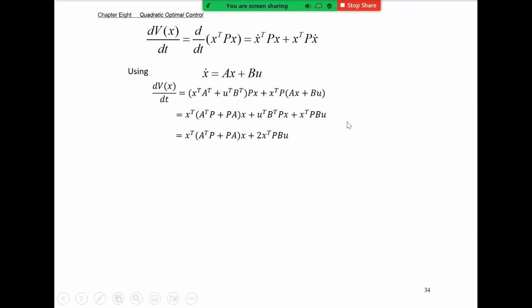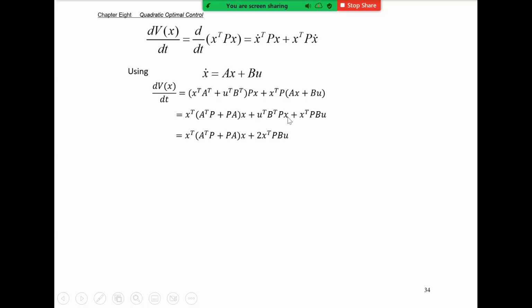Now, just to simplify, those two terms are actually the same. Remember, the whole expression is a scalar, so I can take a transpose of this expression.